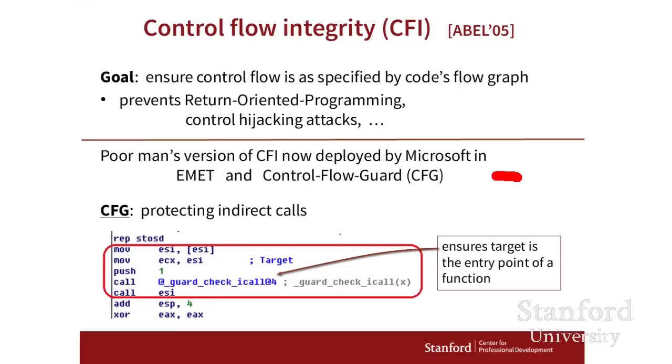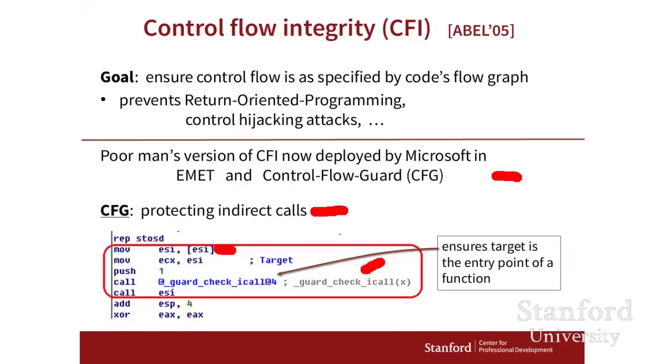And then every time you make an indirect call, say a method invocation, the program takes the address of the indirect call and calls this extra check, which you can see shown here.